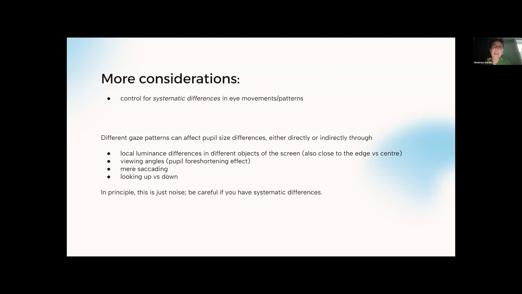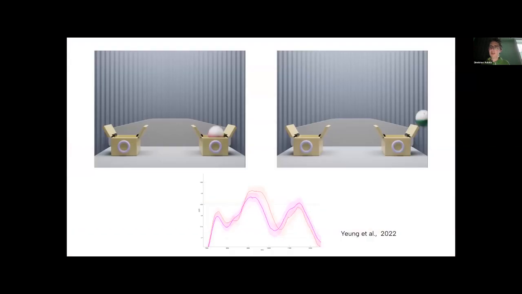In principle, this is just noise, and if you don't have systematic differences between conditions or between groups, it just makes it harder to detect an effect. But if you find something, you have to make sure you don't have systematic differences and that the result is not due to this difference.